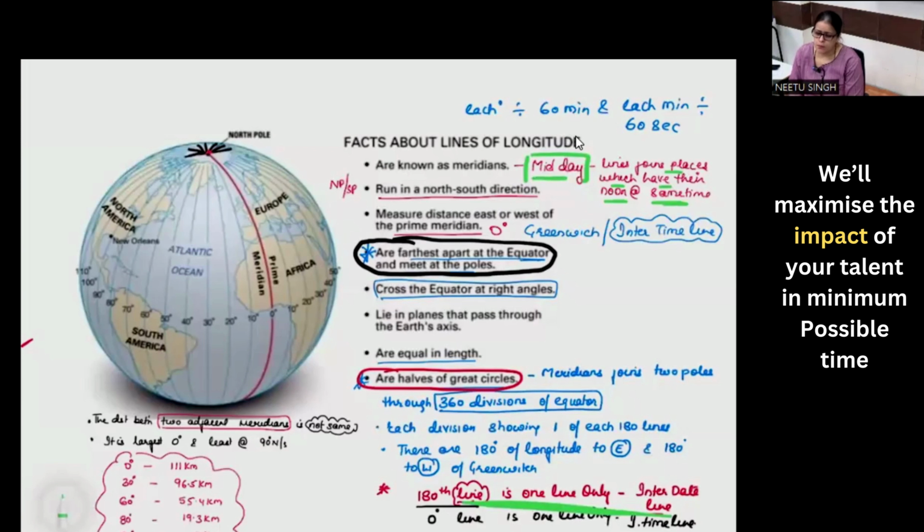Why it is called meridians? Longitude, meridians. Meridians because it is midday lines that are joining the places that have their noon same.